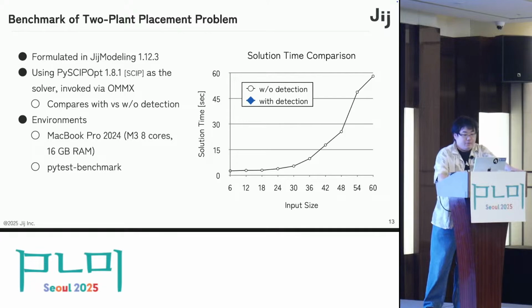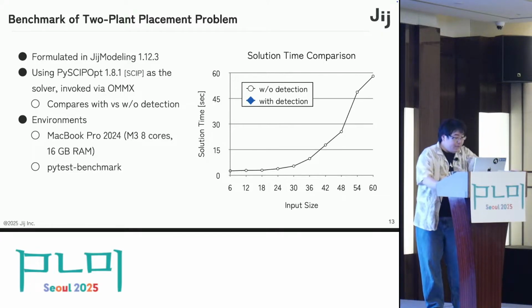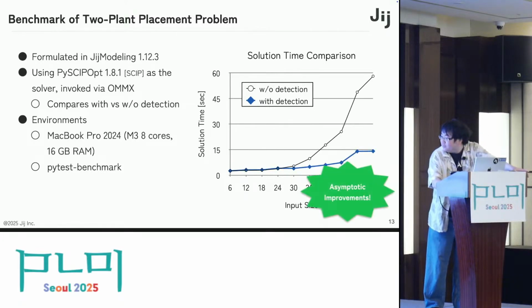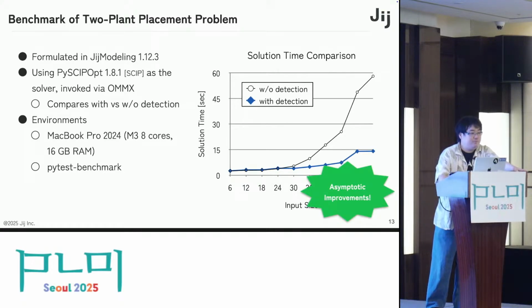If we don't exploit the information in SOS1, the runtime seems to grow exponentially. On the other hand, if we detect SOS1 automatically, it is very constant or linear, it seems. So asymptotic improvements can be achieved.